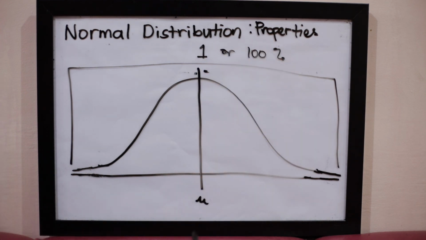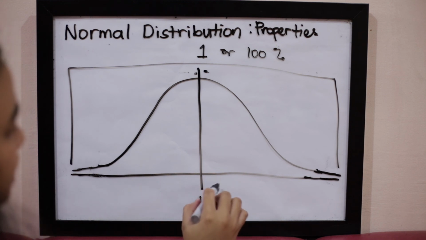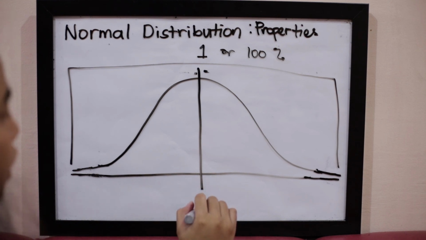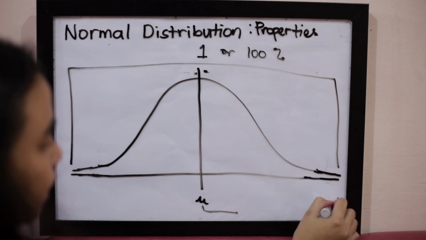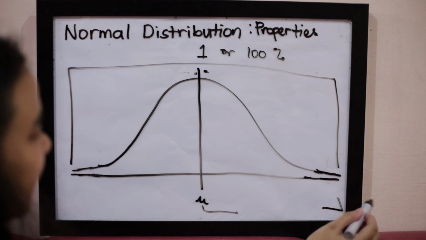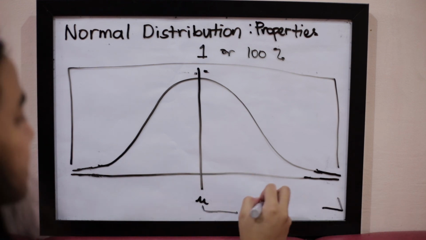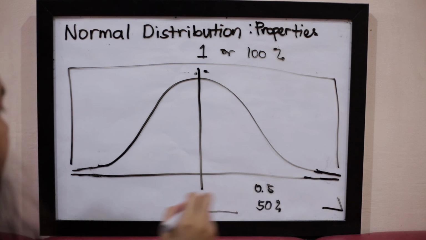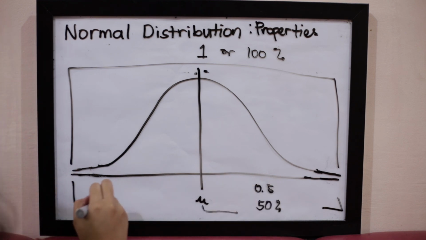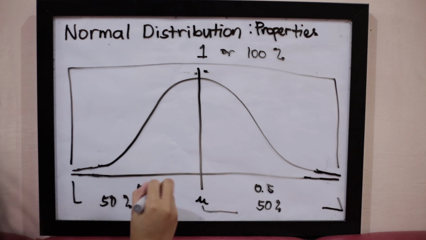And then, obviously, if we will get half of this one, so meaning to say the area from the mean up to the right end of this normal curve is 50% or 0.5. Tapos, ito ding end na to is still 50% or 0.5.